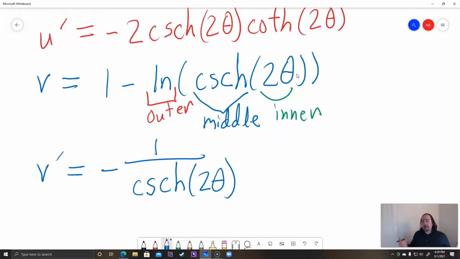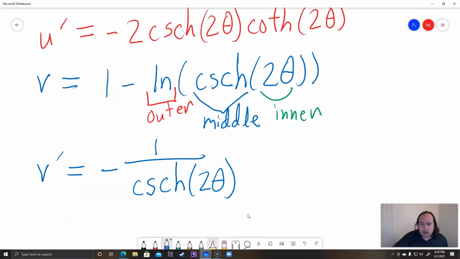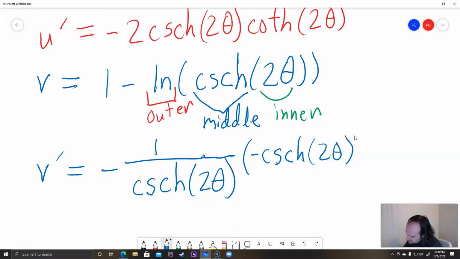And then we multiply this times the derivative of the middle function. So what is the derivative of cosec? Well, it's complicated, but we just said the derivative of cosec is negative cosec times coth. So this is going to be times negative cosec of 2 theta times coth of 2 theta. So this problem is really relentless.